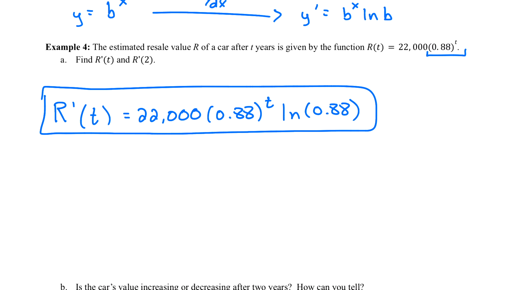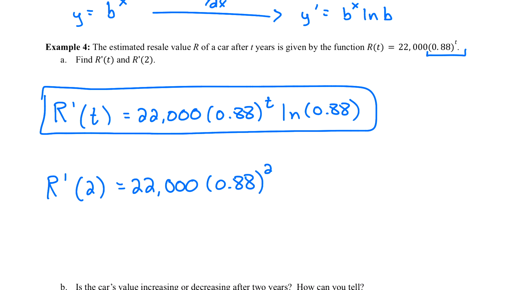This problem also asks me to find R prime of 2. So I'm going to plug 2 into my derivative for t. So R prime of 2 is equal to 22,000 times 0.88 to the second power, or squared, times the natural log of 0.88.